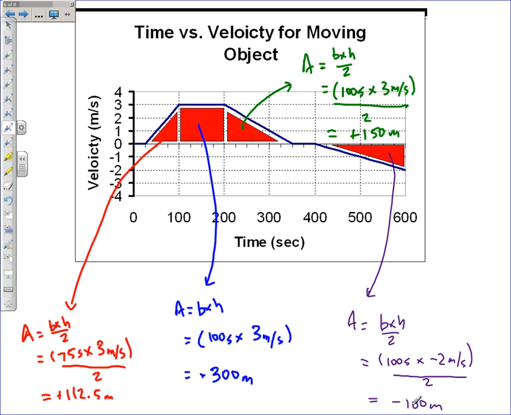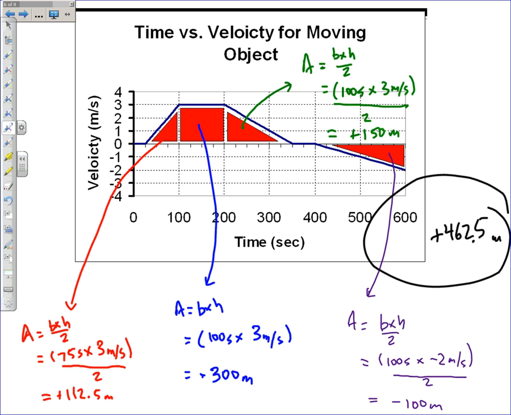Let me do that real fast. Plus 150 minus 100. And you end up with a total displacement of positive 462.5 meters.